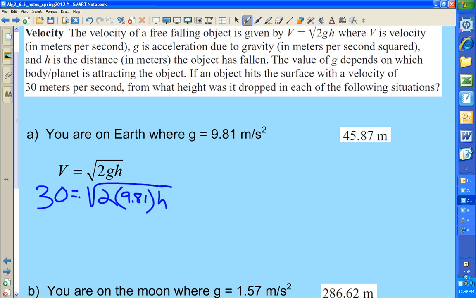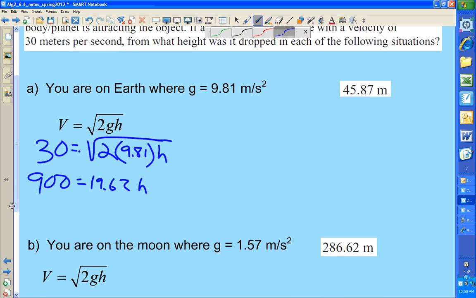What do you think? Square both sides. 900 is equal to 19.62h. How do you find h? Divide by 19.62.